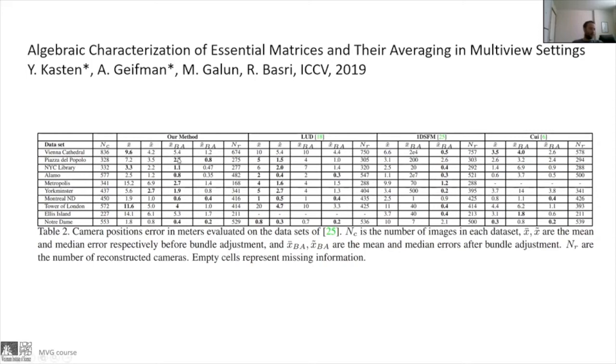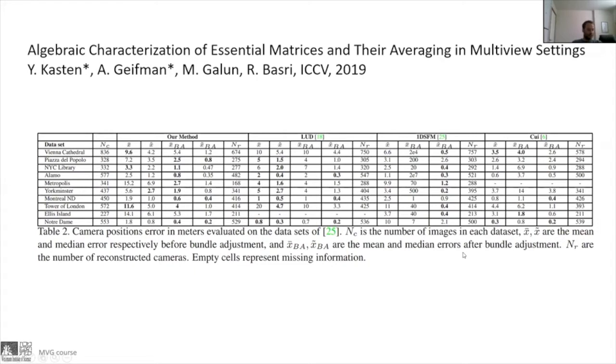You have the same quantities with a subscript BA, which means that it's the same quantity after bundle adjustment. So as you can see, the bundle adjustment improves by a large factor of between 2 times, and I think there are also 5 times improvements.